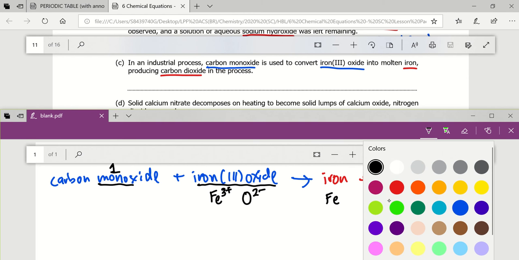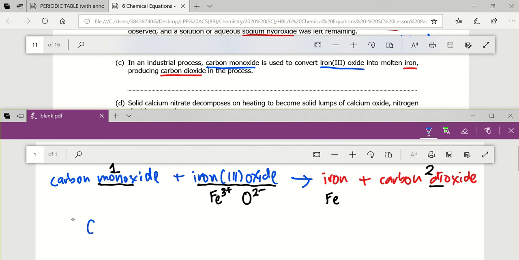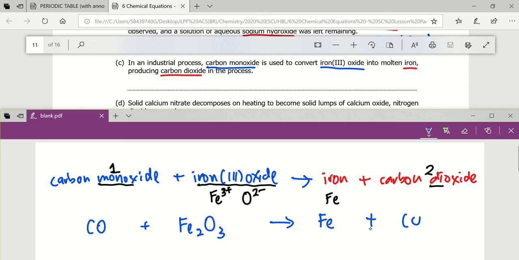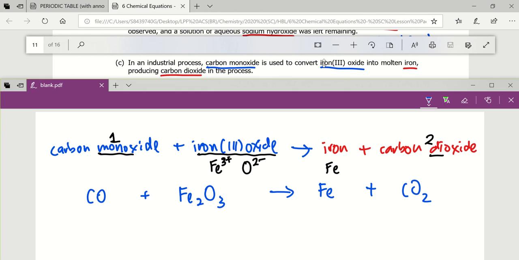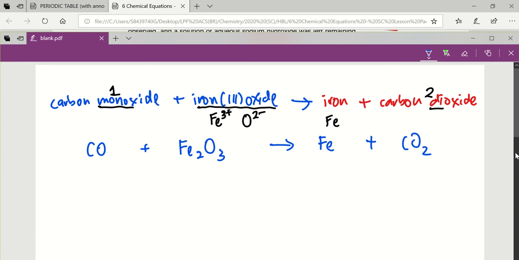Alright, so let us write everything down. This will be CO plus Fe2O3, we get Fe plus CO2. Okay, let me make this bigger first. So how do we balance this? Our most complicated formula here is Fe2O3.